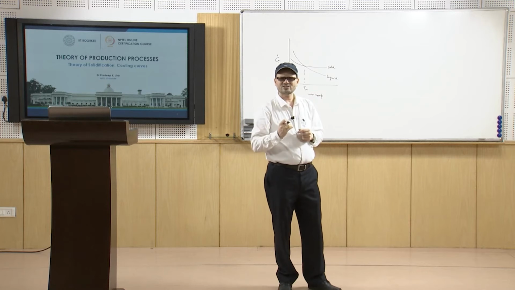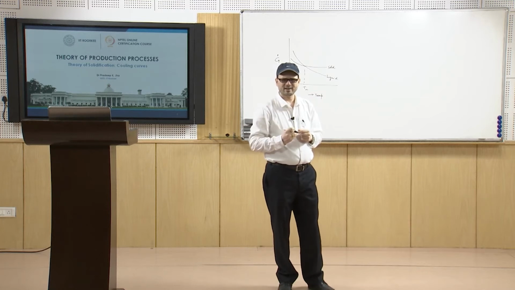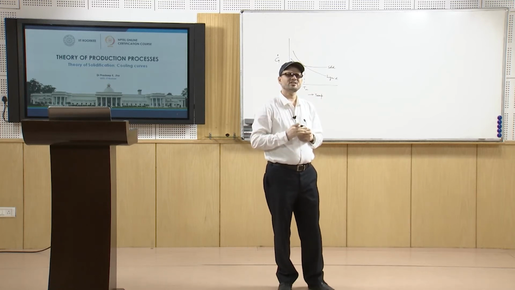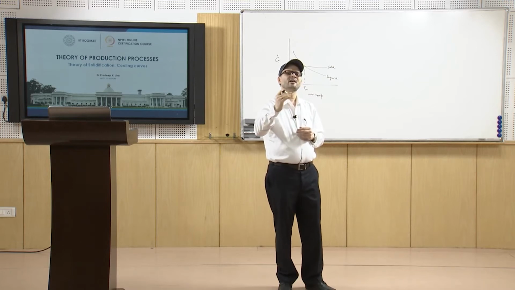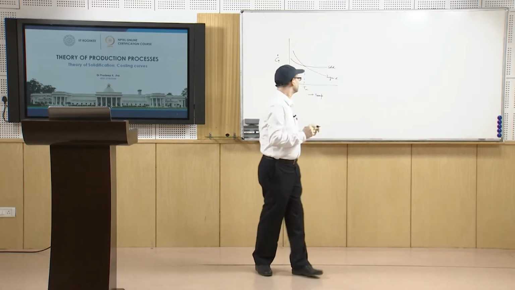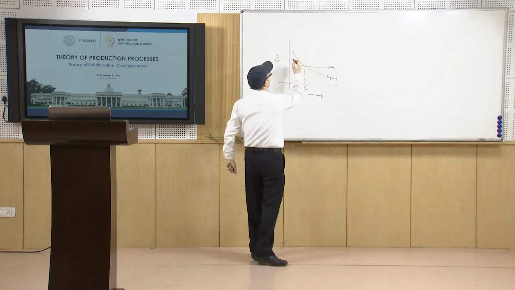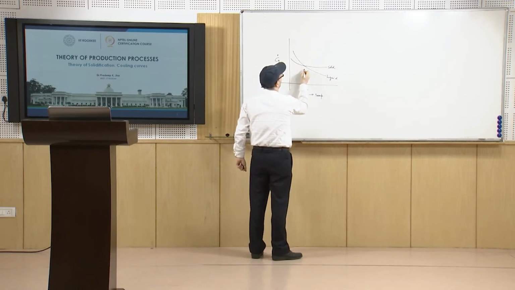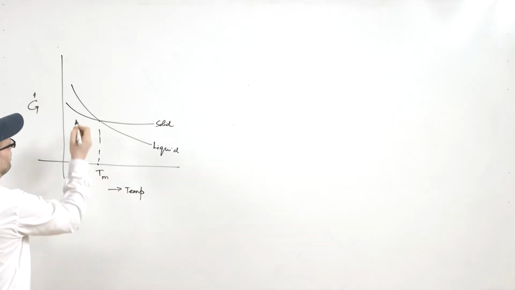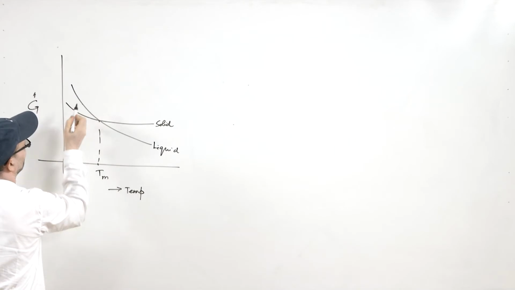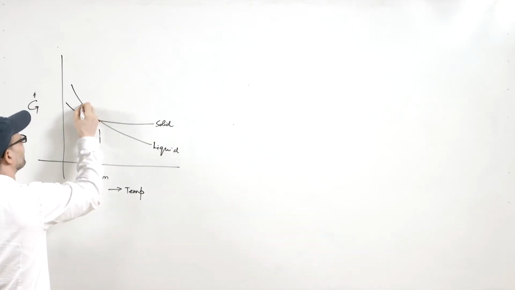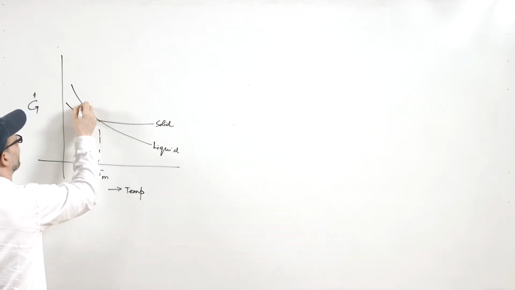If you go to the left-hand side, you have this line as the liquid one, so this change is negative: this value minus this value.